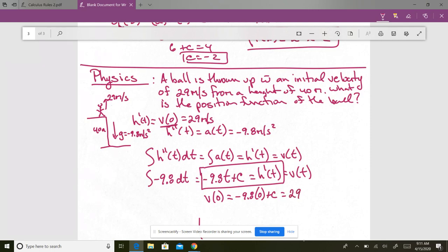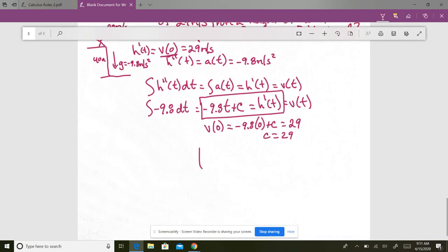So that goes away. So c is equal to 29. Okay. So now I know the particular velocity function. So I know that v of t now is negative 9.8 t plus 29.